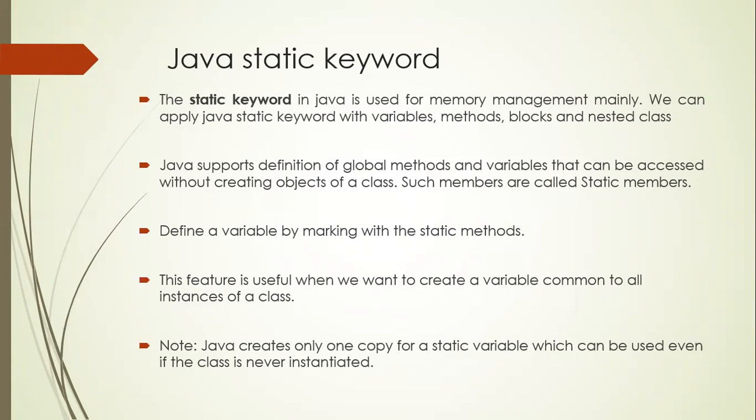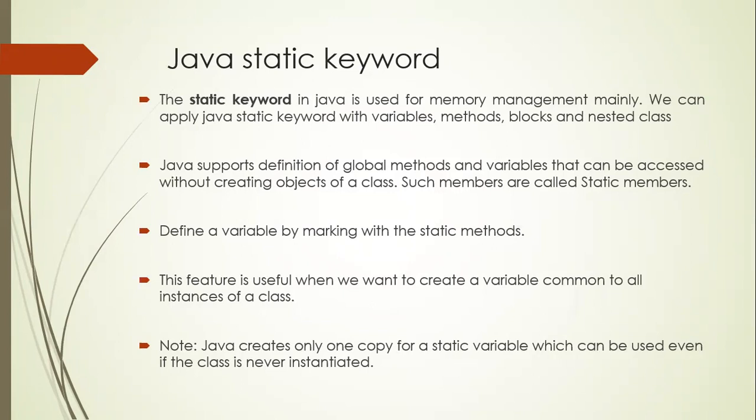Suppose there is a student class which consists of a roll number and a student name. We declare int rollNumber, String name, and we have university. The university is common for all the students.